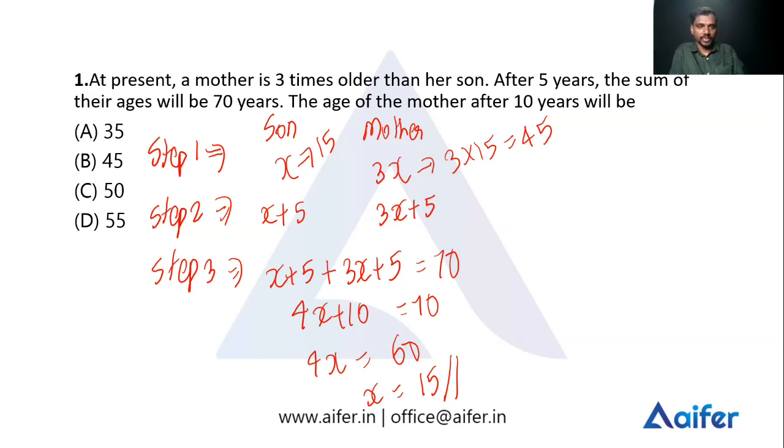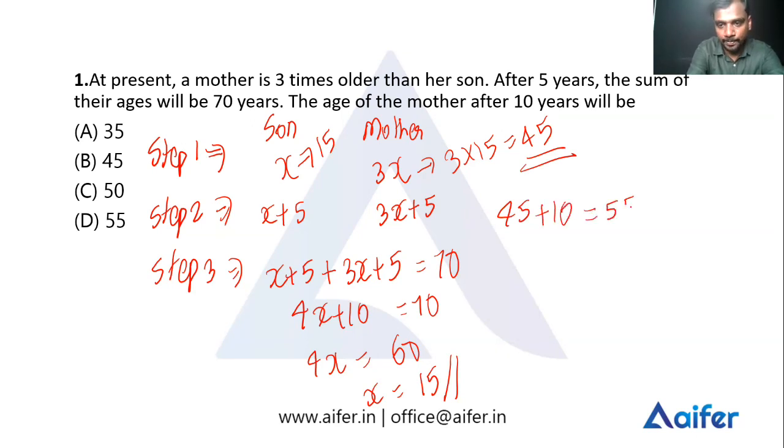After 10 years, it will be 45 plus 10, that is equal to 55. So we have option D, 55, as the correct answer.